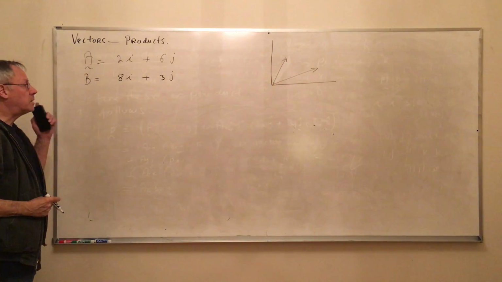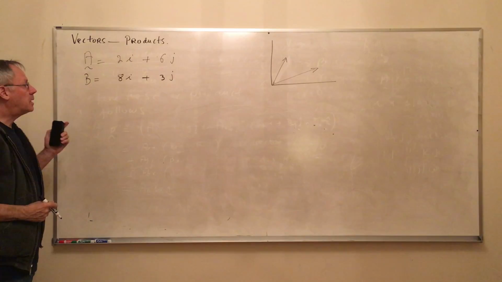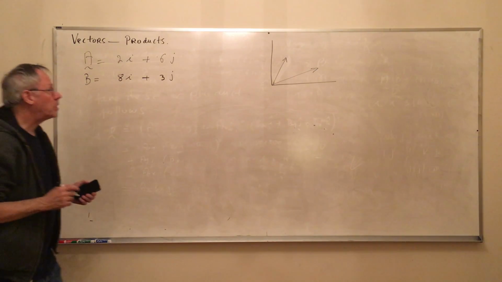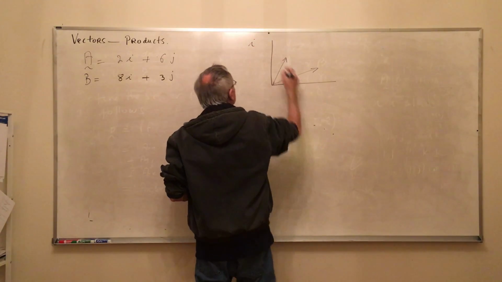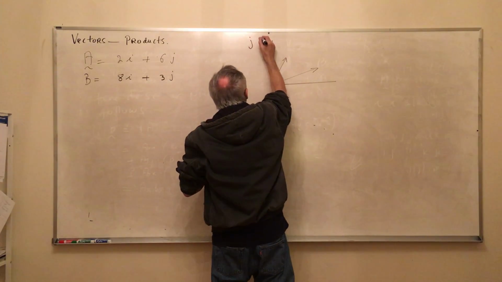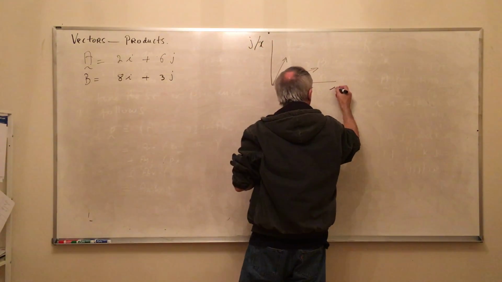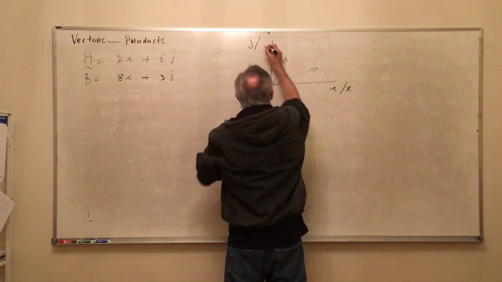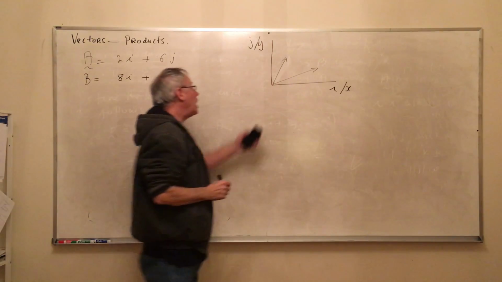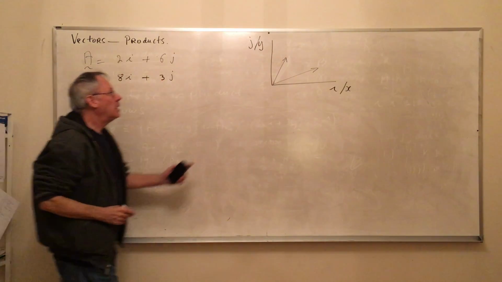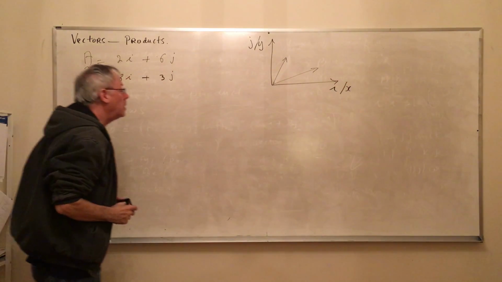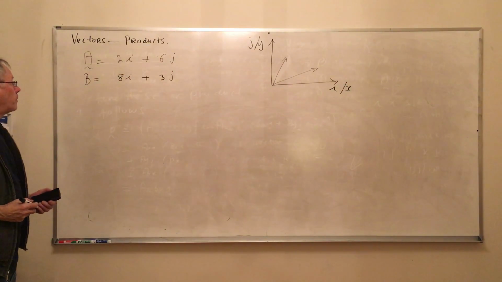Now I'm going to tell you that the dot product is going to be the projection of one vector onto another. Actually, I'll leave that for a separate lecture. So in the j direction, the vertical direction, and the i direction is the horizontal direction.